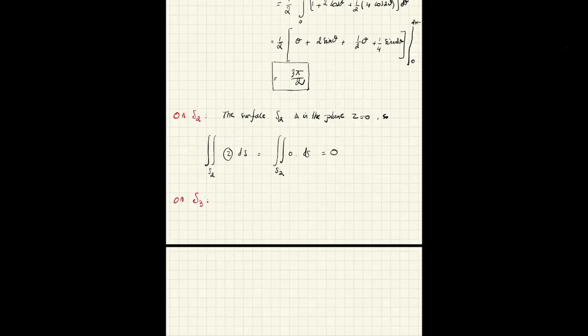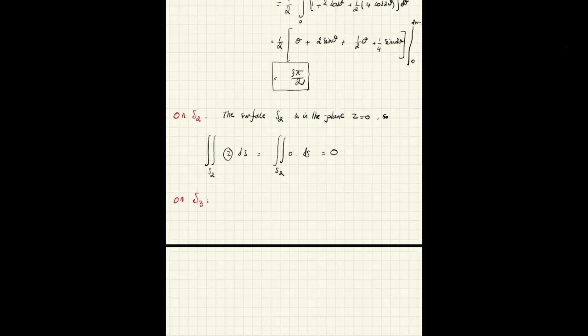For S3, you have to parameterize the surface, right? On S3, what is the surface? The surface is, right? So here I'm gonna use the last example.